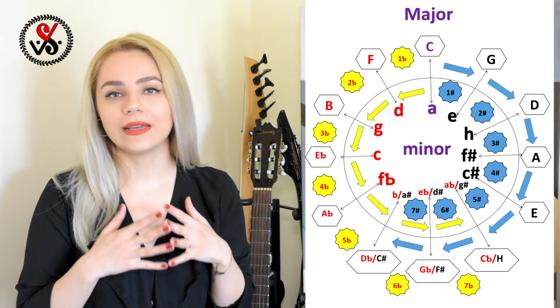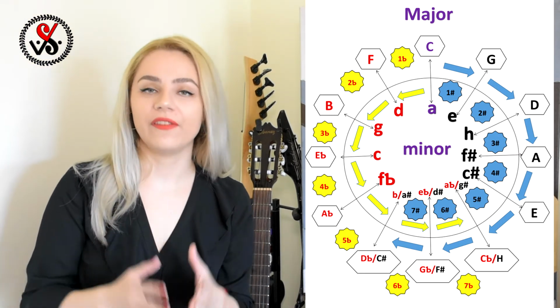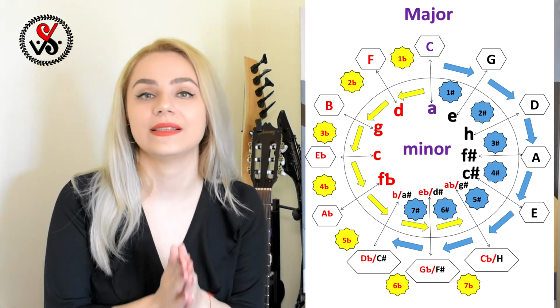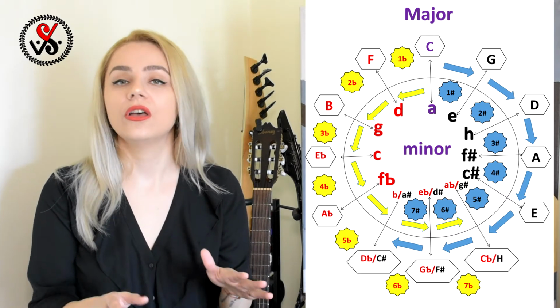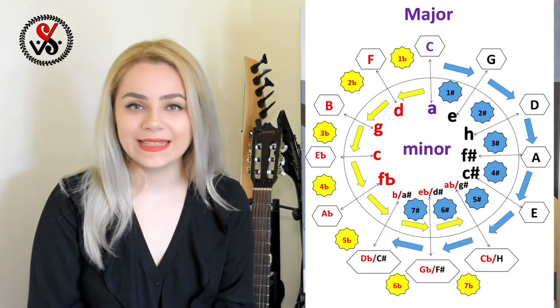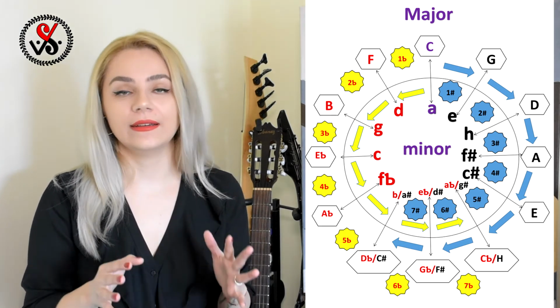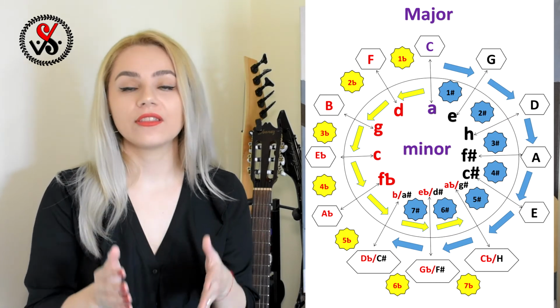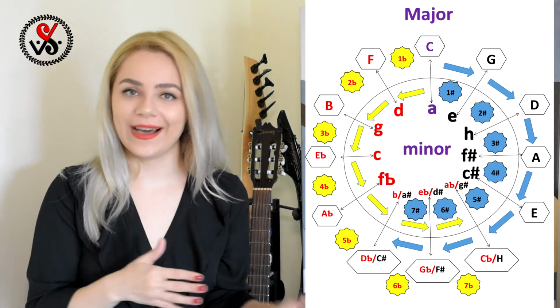So now let's work with flat scales. Also we will start from C major, because C major doesn't have any accidentals, but this time for flat scales we will go a perfect fourth down.